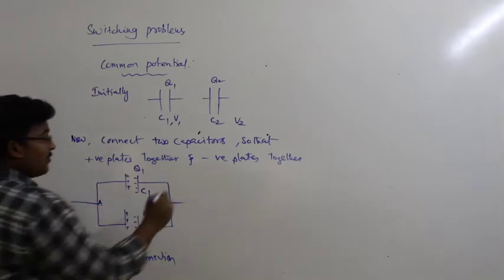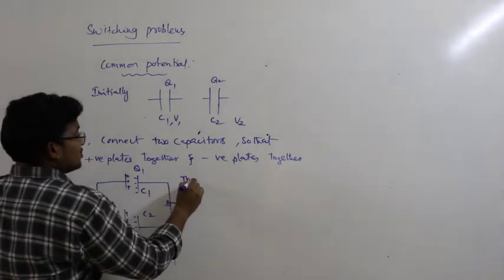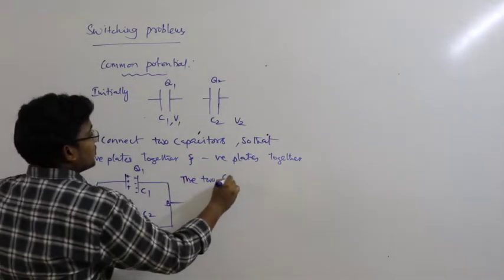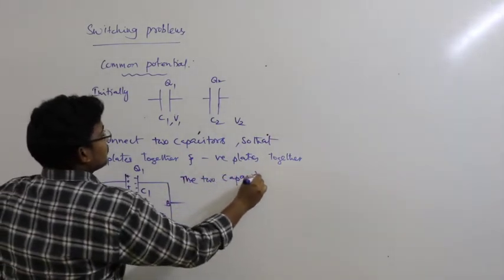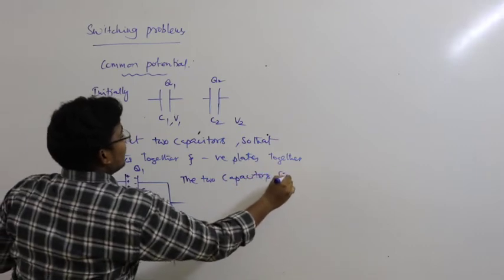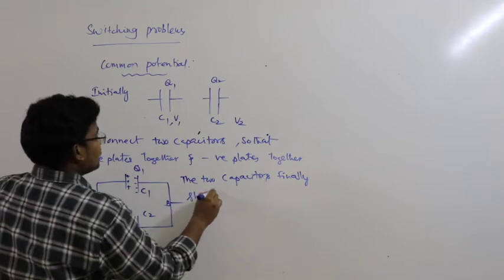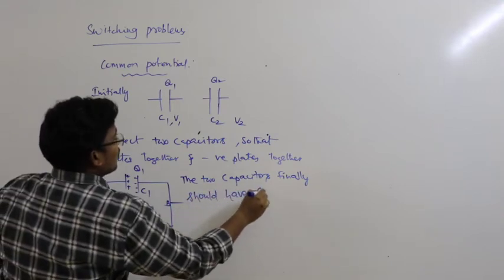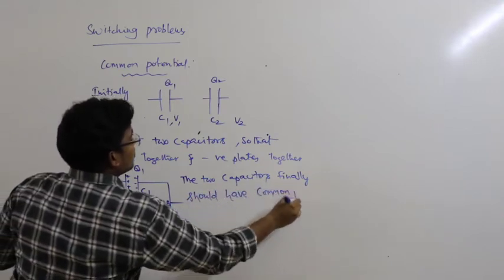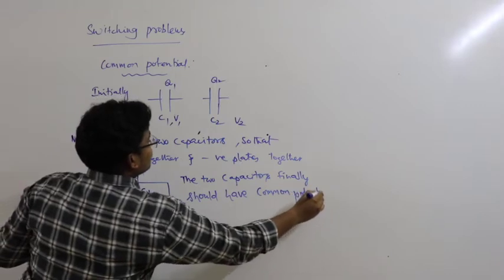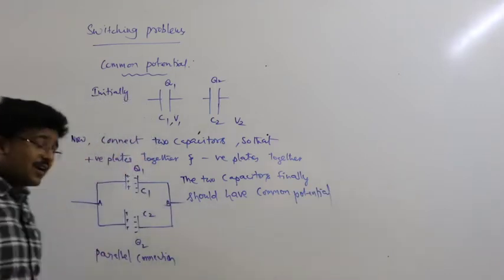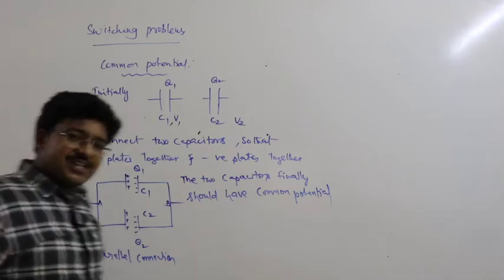So the two capacitors finally should have common potential. It means that further charge distribution takes place.